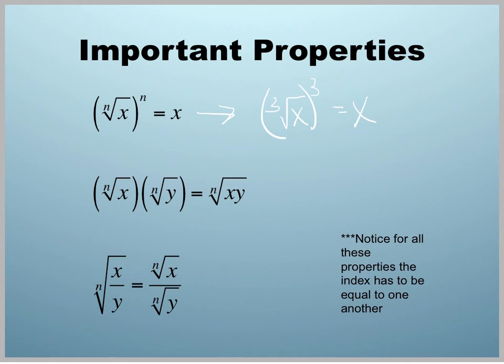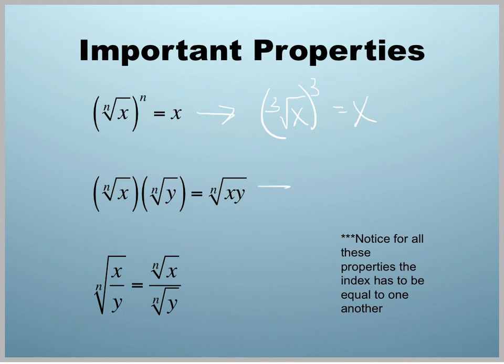Another property says if you have two radicals, so here in this case I have two radicals that are being multiplied together. The first thing to notice, and I wrote this down below here, is that if they have the same index and they're being multiplied, you can go ahead and combine it into a single radical by multiplying the radicands together.